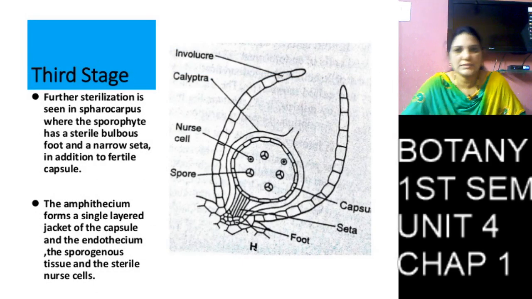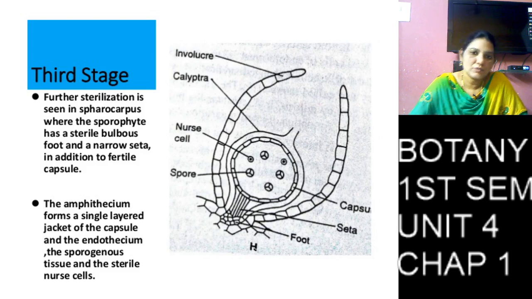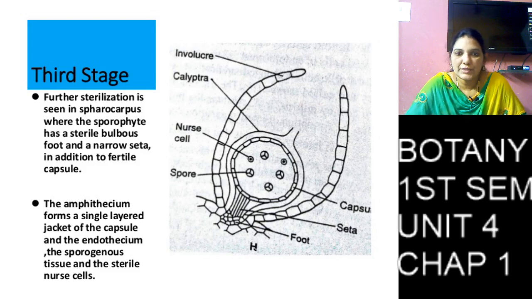Next, the third stage. Here we can see Sphaerocarpus. Here we can see a clear picture. The sporophyte is divided into three parts: foot, seta, and capsule. The foot is small and bulbous in shape.